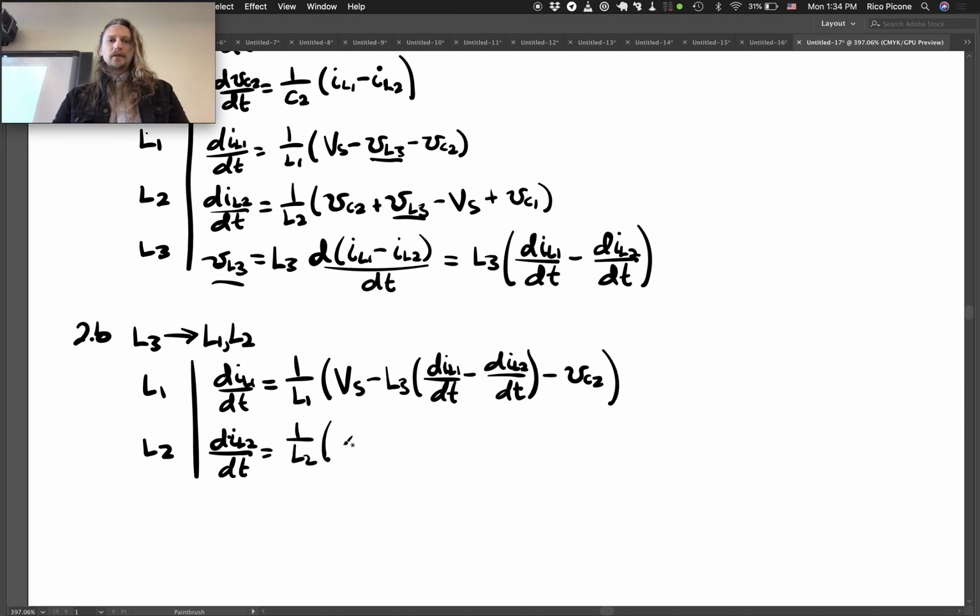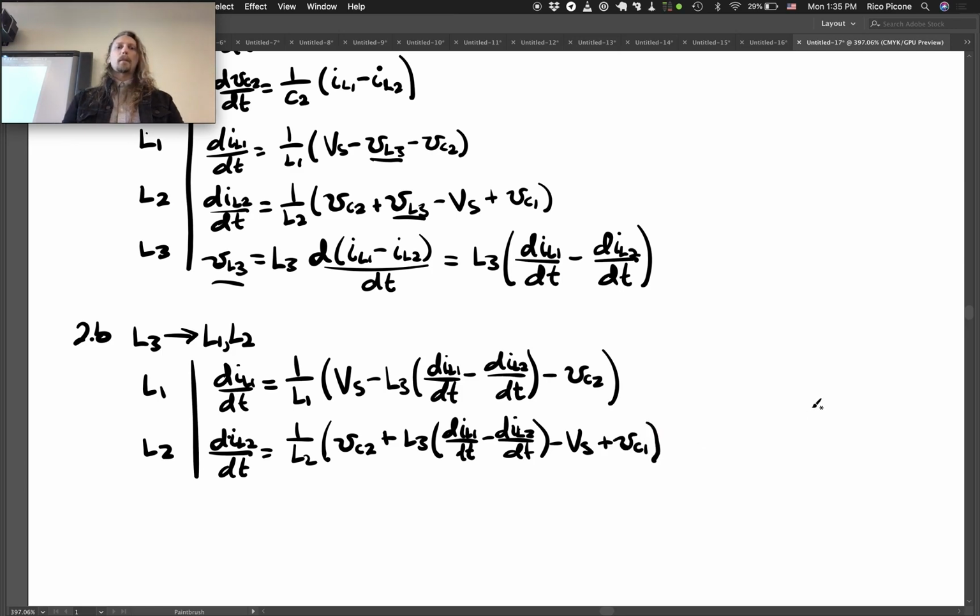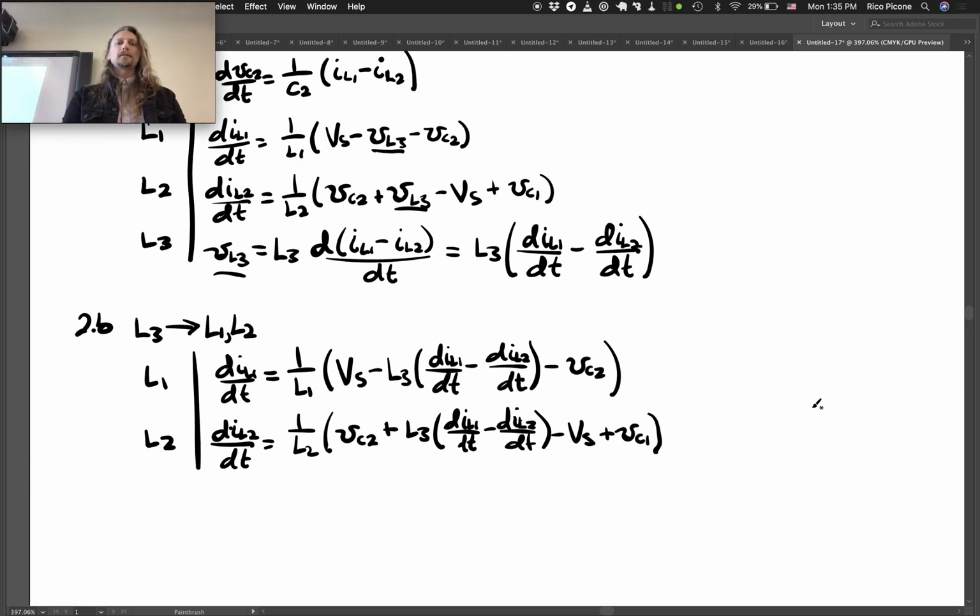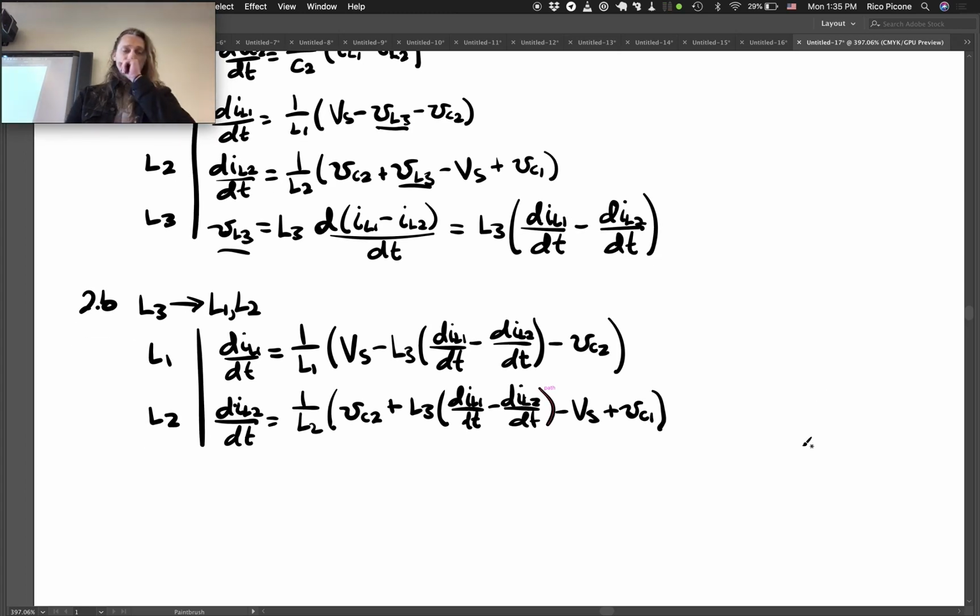And then we've got VC2 plus L3, substituting again, dIL1/dt minus dIL2/dt, minus Vs minus or plus VC1. Okay. We've succeeded in getting rid of the non-state variables and inputs.